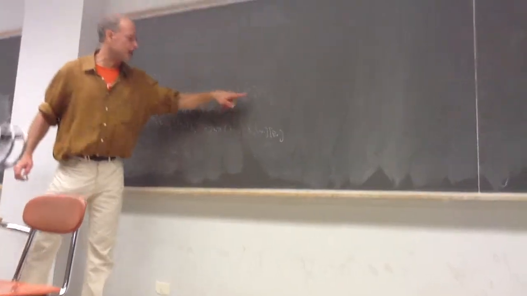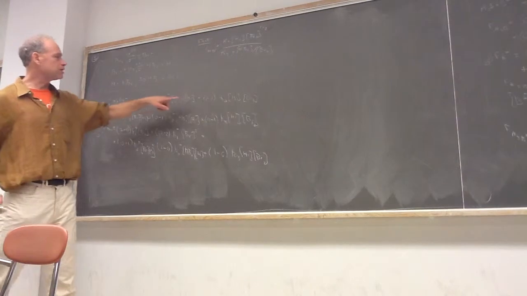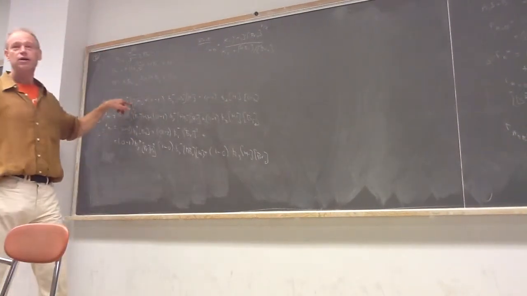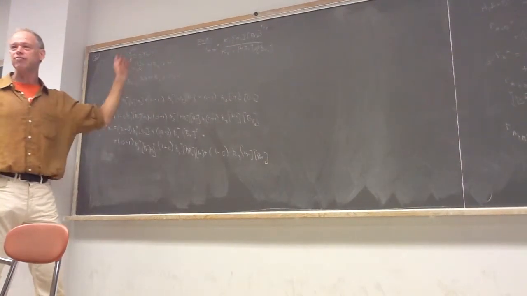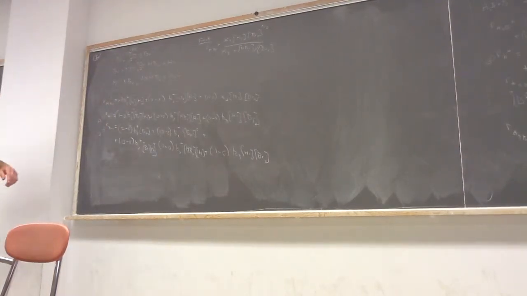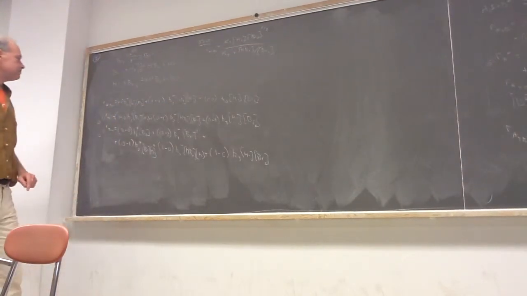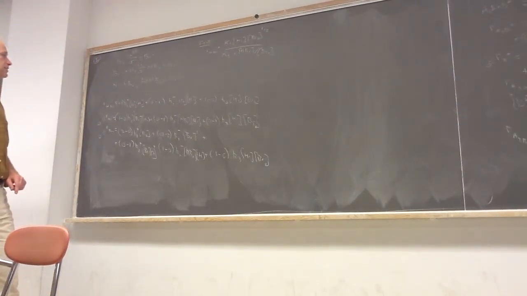And for Br dot, I know what that is, so I'm going to replace it with root K1 plus over K1 minus, root Br2.